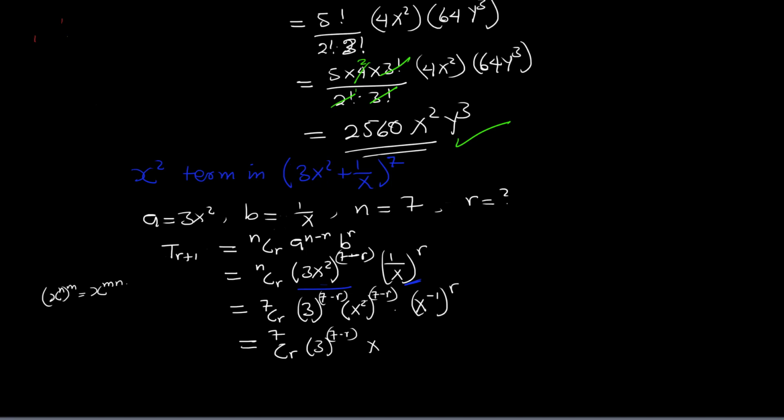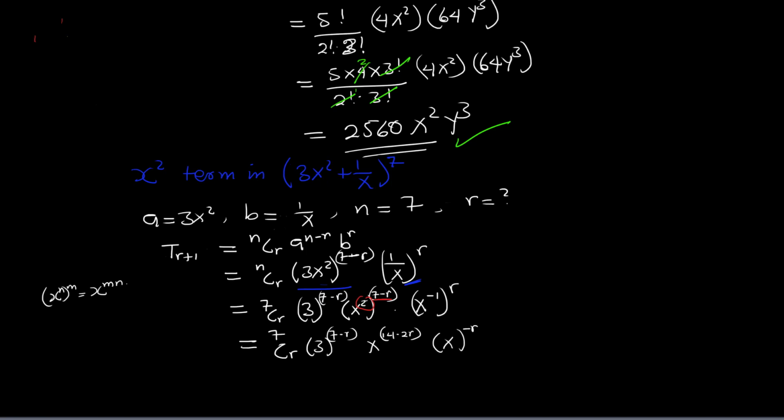We can multiply the exponents here, 2 and this term, to get 14 minus 2r. This will give us minus r.